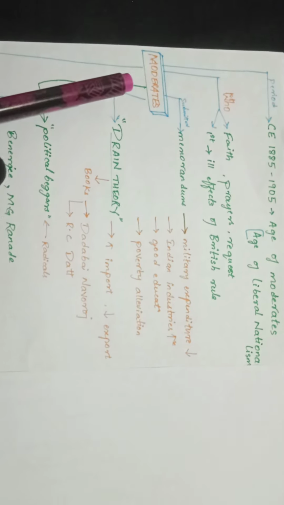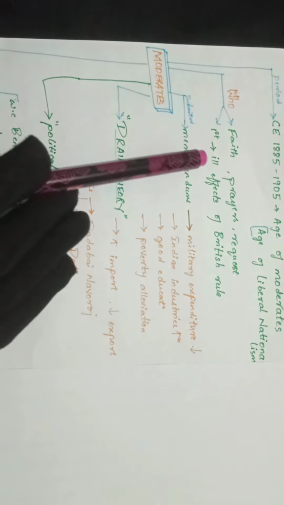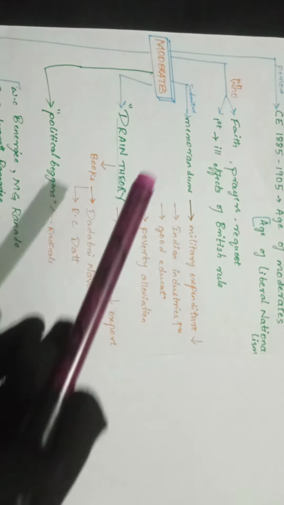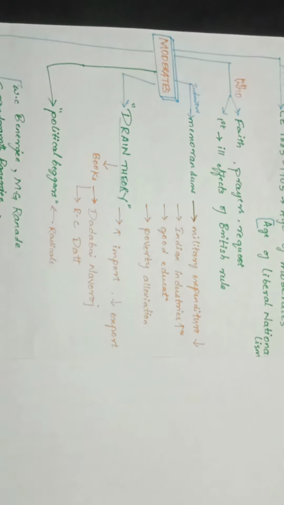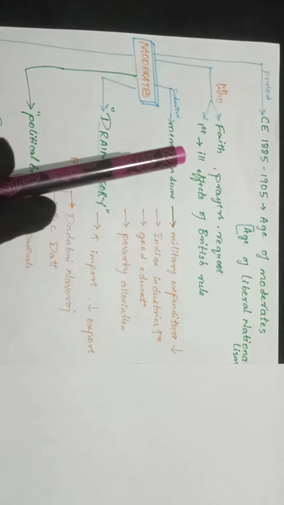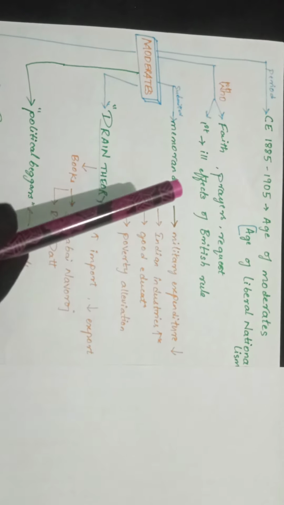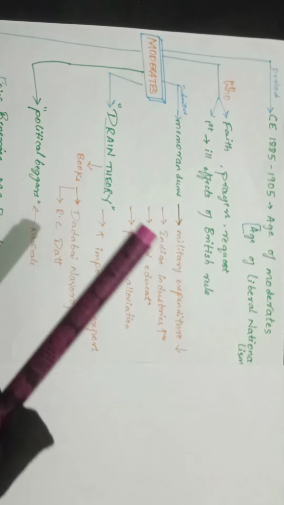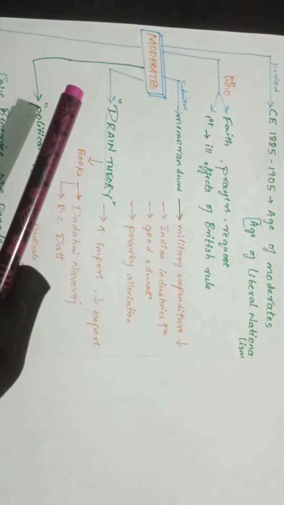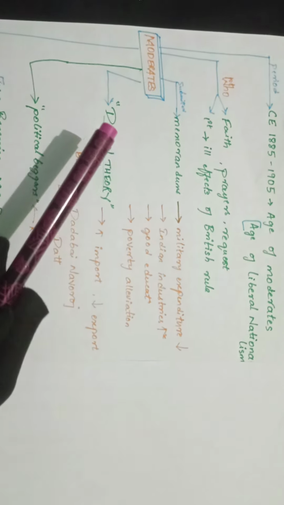And who were these moderates? See, I have written it in the form of faith, prayers, requests. By this you can recall them; these are words you can relate to and remember in short form. Faith means they had faith in British rule. They used to offer prayers in front of the Britishers to get them to accept their wishes.